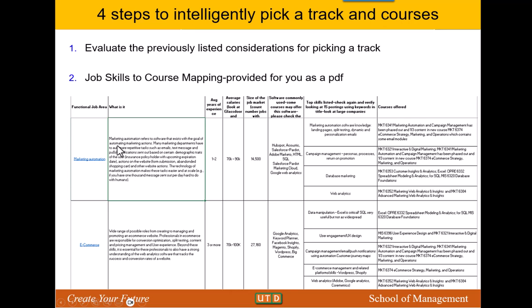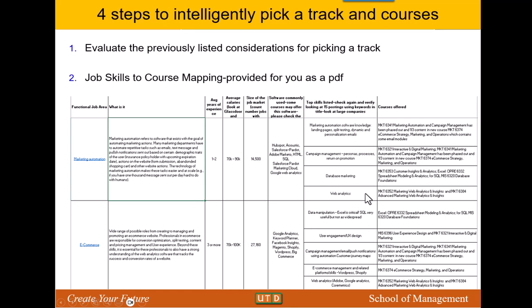So we provide a brief description of what it is, based on 1 to 2 years of work experience, what are some of the average salaries, what is the size of the job market just for this job title. What are some of the software that are used, top skills that job postings for marketing automation list, and which courses, really important, do we offer that align and help you fill out any skill gap that you might have. So that's how you have to look at this document.